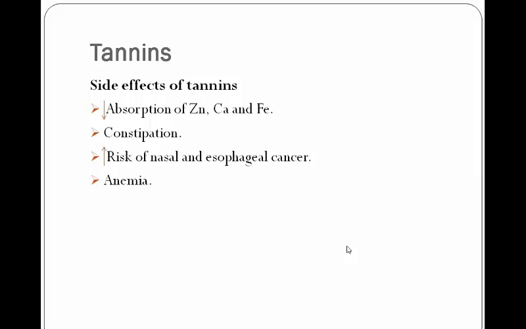Excessive consumption of tannin-containing drugs or diet can cause constipation. They can also increase the risk of nasal and esophageal cancer. Increased consumption of tannins can also produce anemia because they decrease iron absorption.